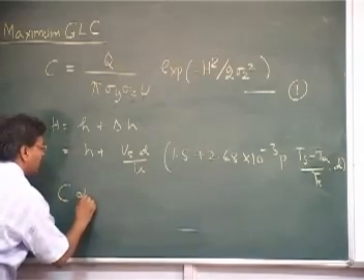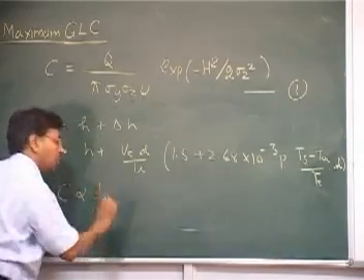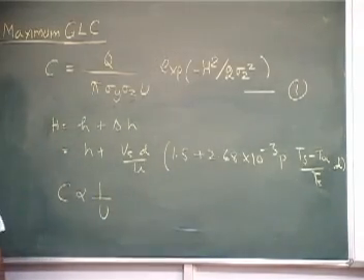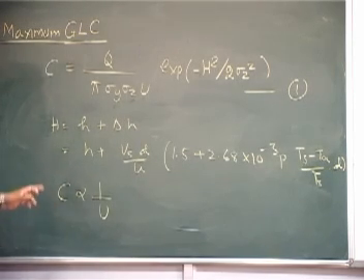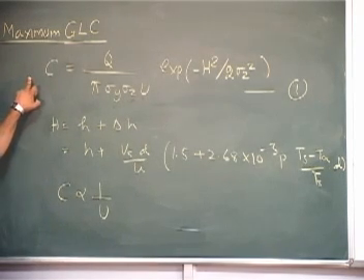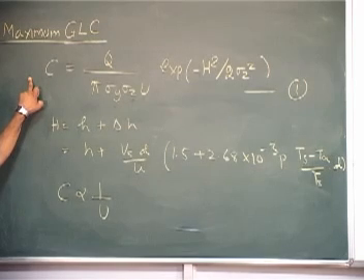C is inversely proportional to u or proportional to 1 by u. So more is the wind speed, less is the concentration, right. This is what immediately, when you look at this equation, you are going to say, okay.